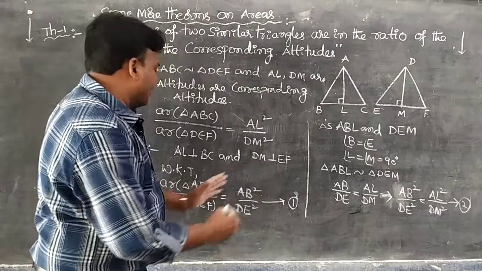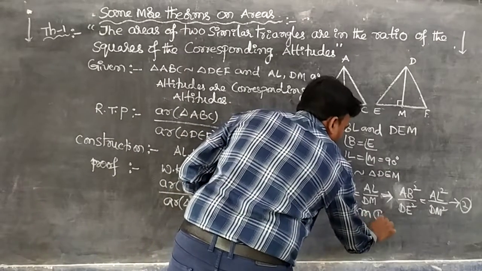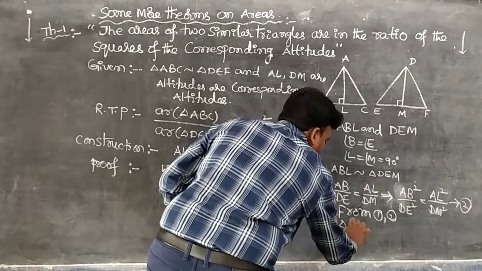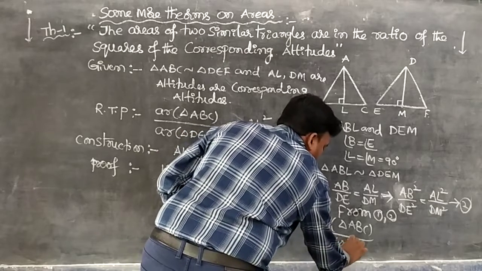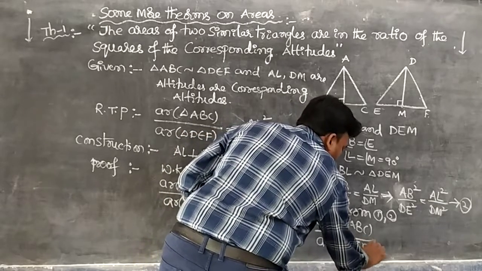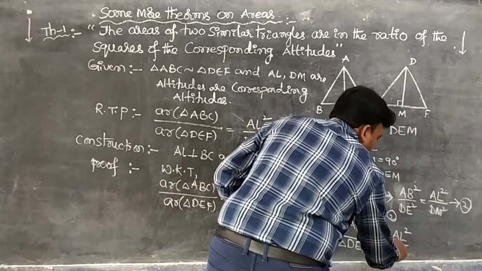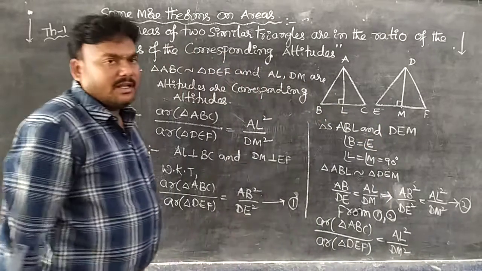So what do we conclude here? Therefore, from 1 and 2, area of triangle ABC by area of triangle DEF equals AL square by DM square.